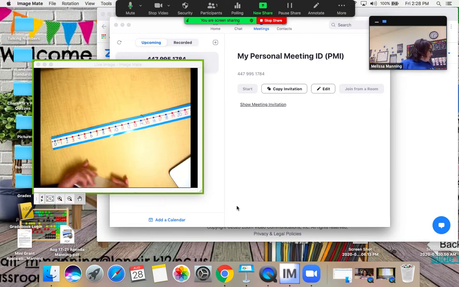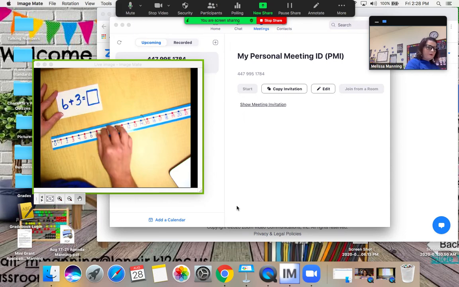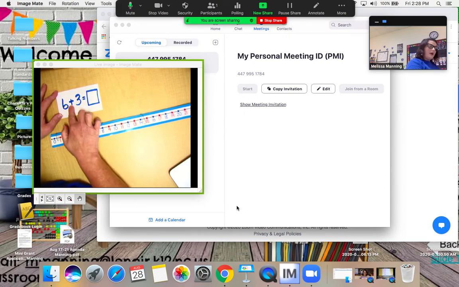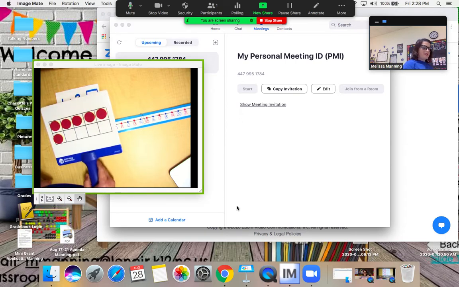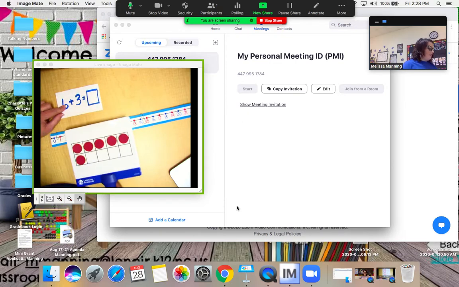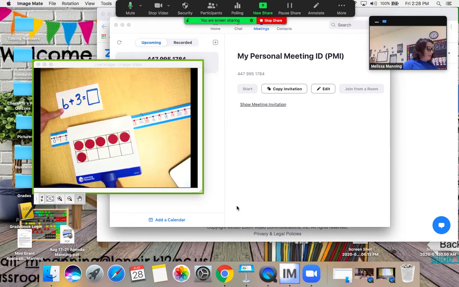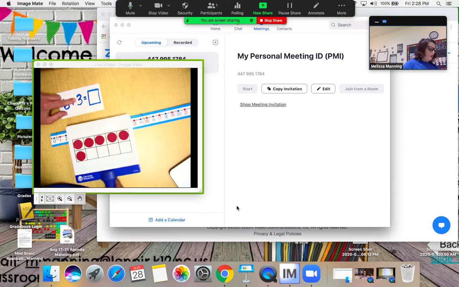The first problem we're going to solve today is 6 plus 3. This is the equation modeled here. And I want to show it to you on a couple different tools at the same time, but I want to highlight that the number line gives you the same answer as all the other ones. So 6 plus 3, our start number is 6, and then we're changing the 6 by adding 3.